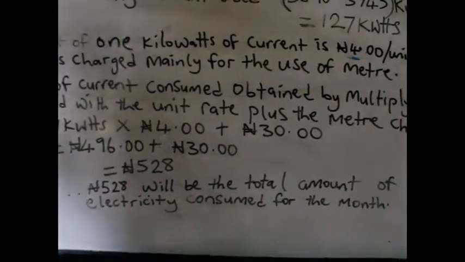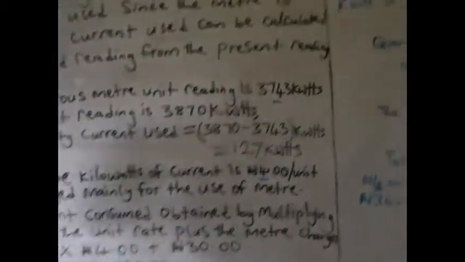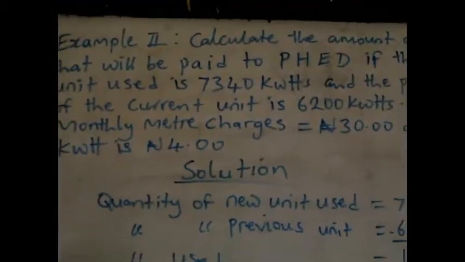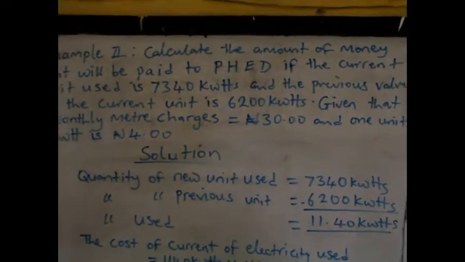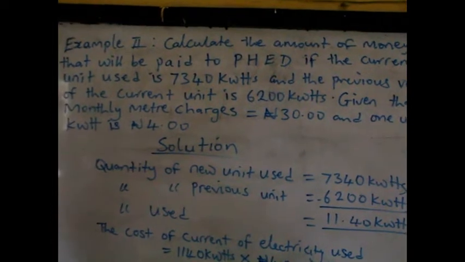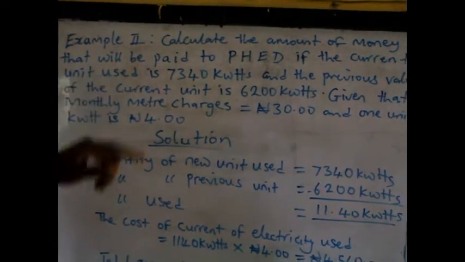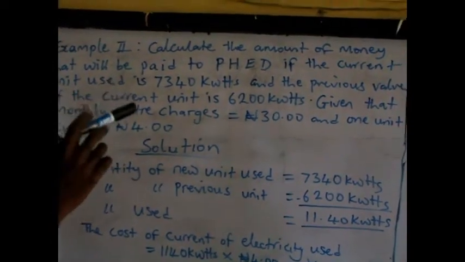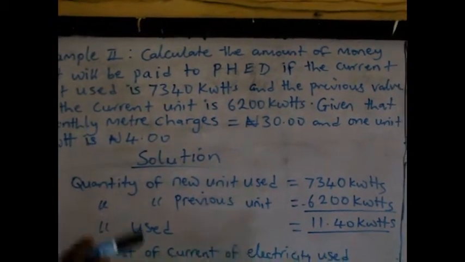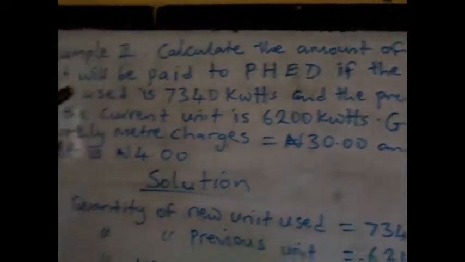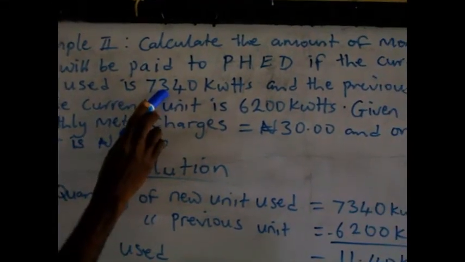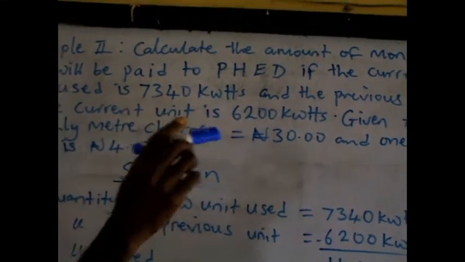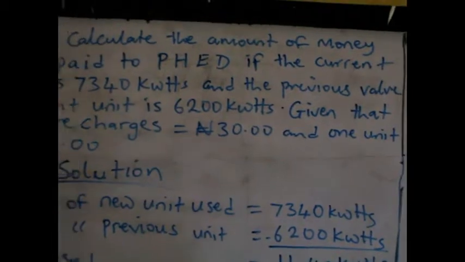Okay, now for further clarity, let us go to exercise 2. Exercise 2 says, calculate the amount of money that will be paid to PHED, that is Port Harcourt Electricity Distribution Company, if the current unit used is this, and the previous is this.